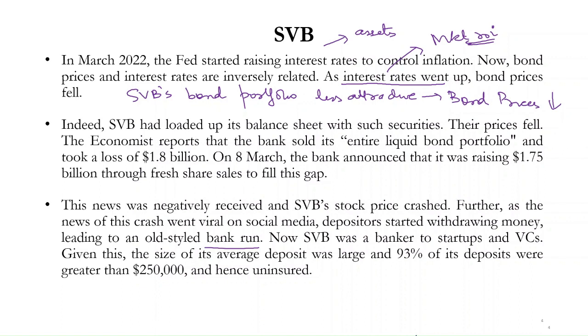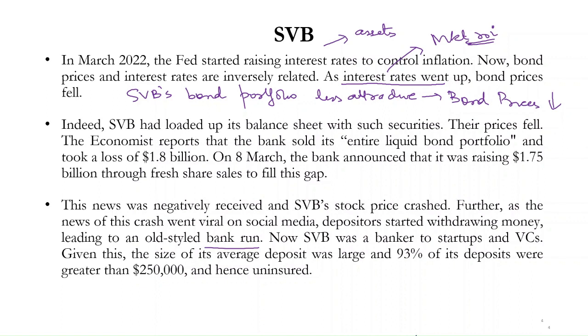So in this case, why did everyone come and ask for their money? Because they thought that the bank was going to close down because it was selling its bond portfolio at a loss. Another key feature here is that Silicon Valley Bank was a banker to startups and venture capitalists. Given this, the size of the average deposit was very large, and 93% of its deposits were greater than $250,000 and hence uninsured.